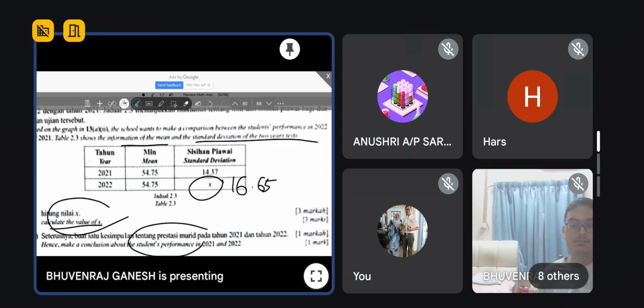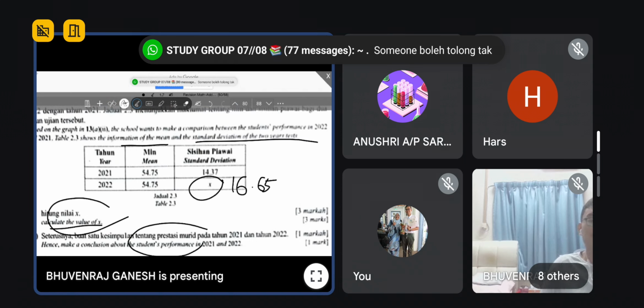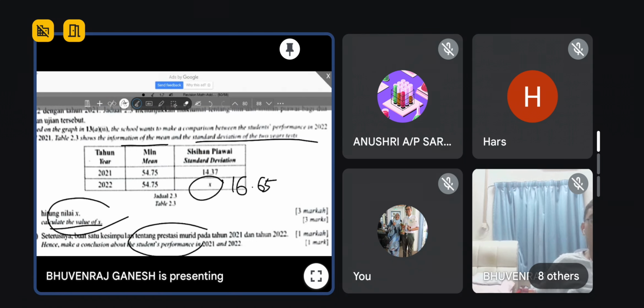Maybe Emily wants to try how to do the conclusion for student performance. You can be general in your answer because this one is general.